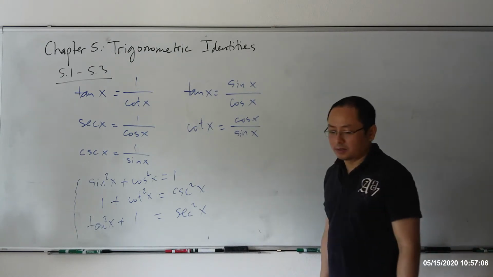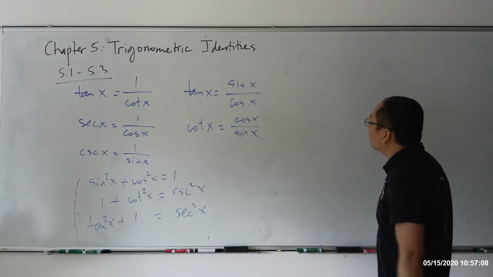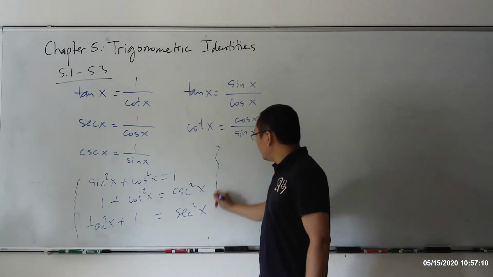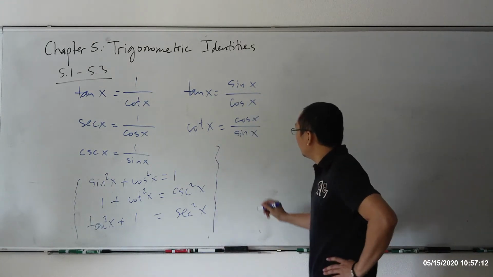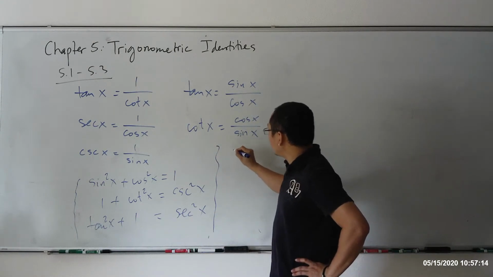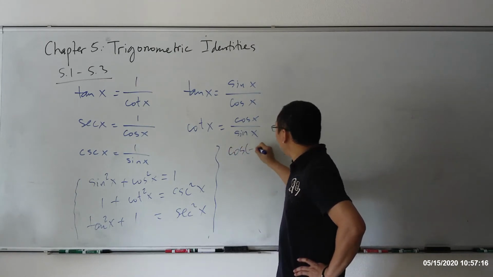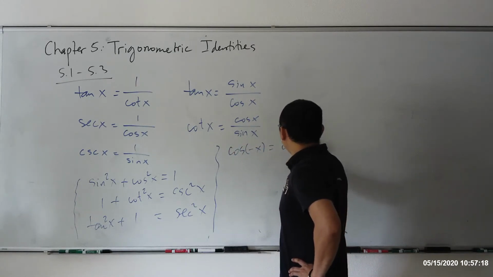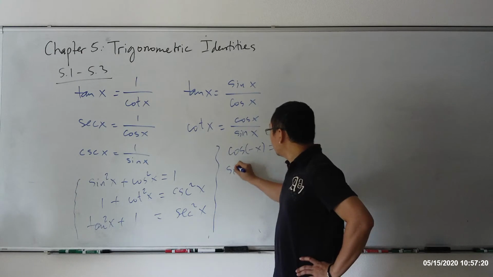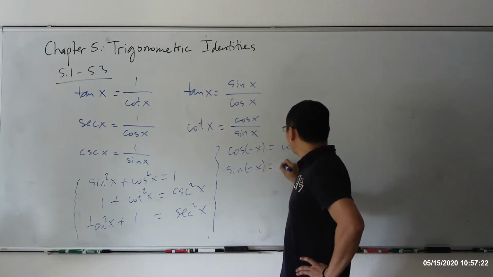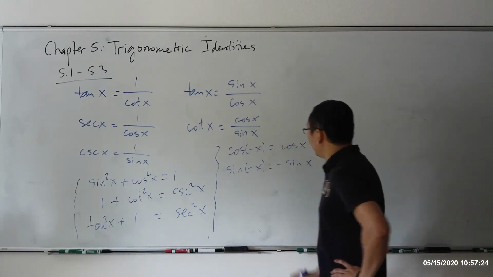Those are the Pythagorean identities. And what if you have the negative sign, so it's even or odd functions? Cosine is even, so cosine of negative x is equal to cosine of x. Sine of negative x equals negative sine of x, because sine is odd.